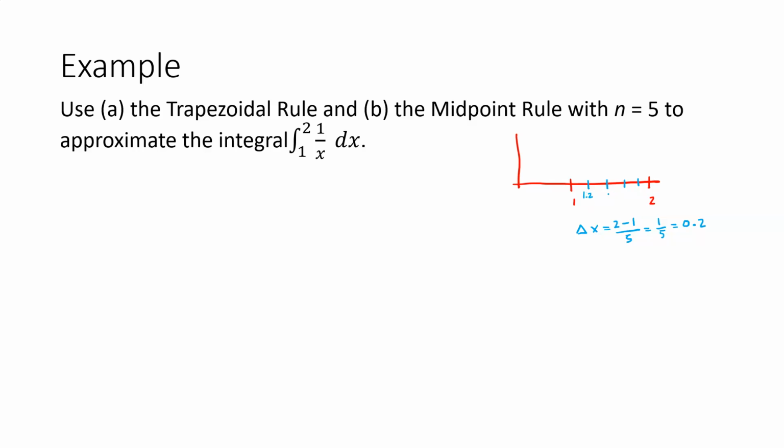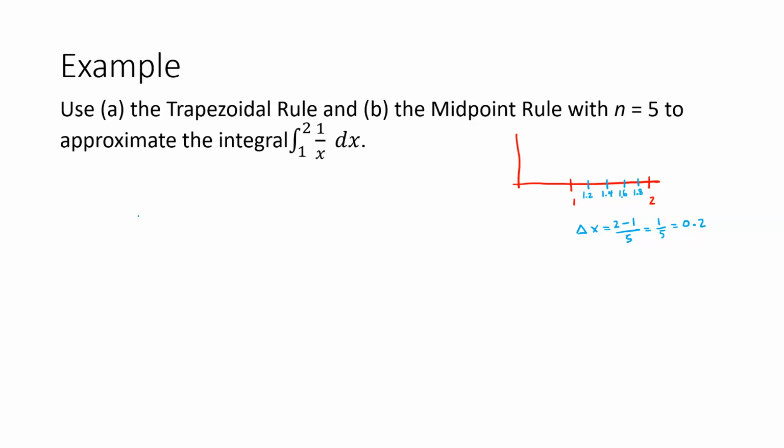And then add delta x again to get the next grid point, which would be 1.4. And then the next one would be 1.6, 1.8, and then the final one is 2. Okay, so those would be all the points in between. So that's like our x0 is at 1, x1 is 1.2, x2 is 1.4, and so on. And then xn, or in this case x5, would be 2.